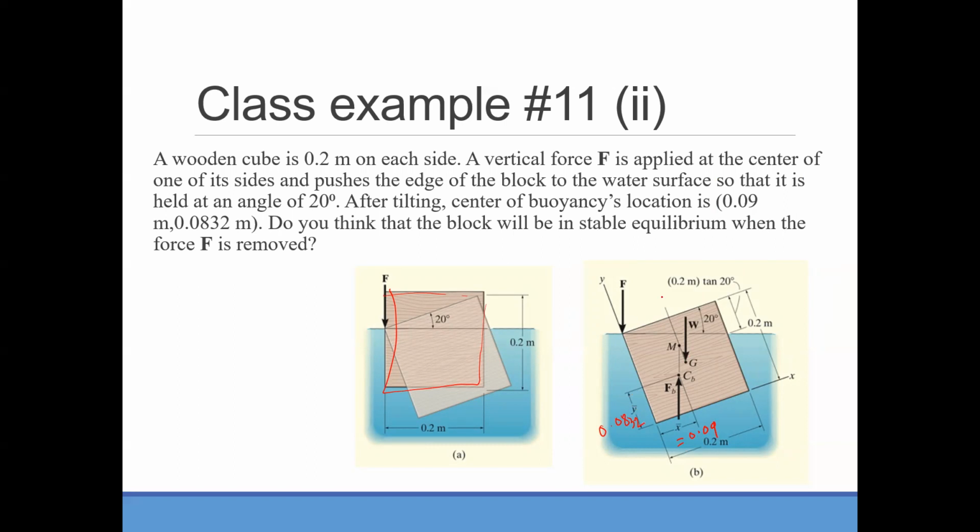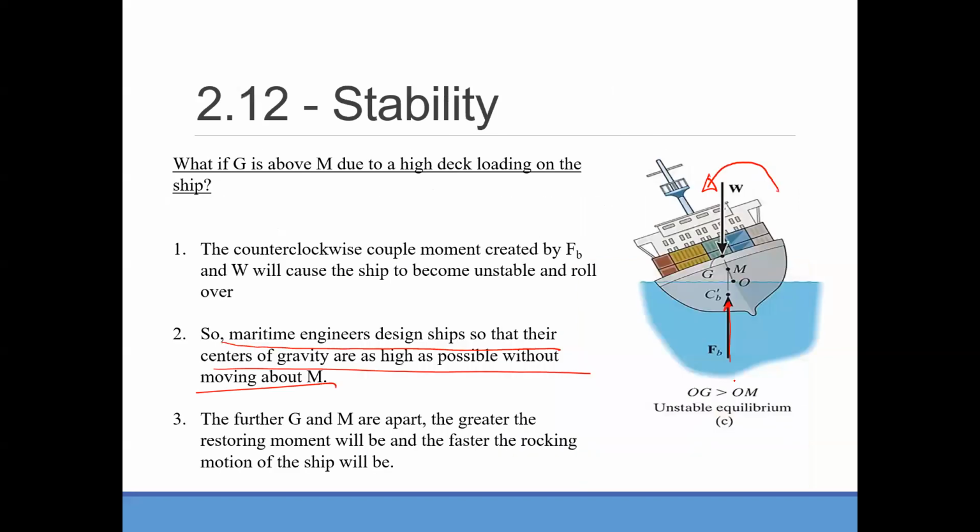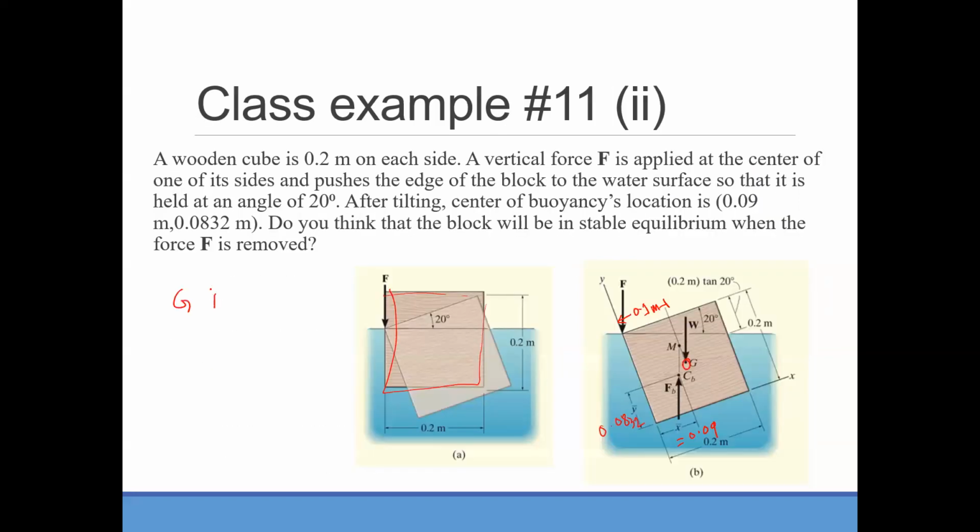When F is removed, this is the position right now. Here, that was the center of gravity, which is 0.1. From this current situation, G is above the CB.